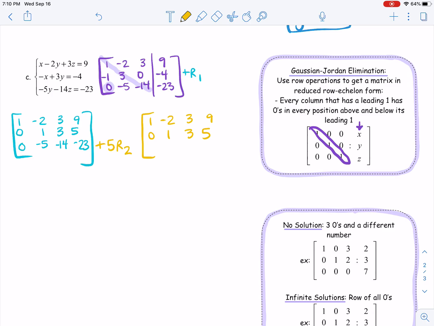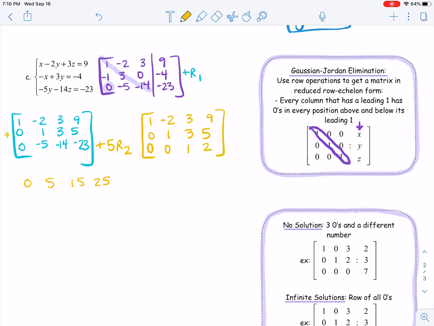What you can do is maybe write out 5 times this second row, which would be 0, 5, 15, and 25. And so you're adding it to that bottom row. So 0 plus 0 is 0. -5 plus 5 is 0, which is what we wanted. -14 plus 15 is 1. Ooh, that worked out in our favor. And then 25 plus -23 is 2.